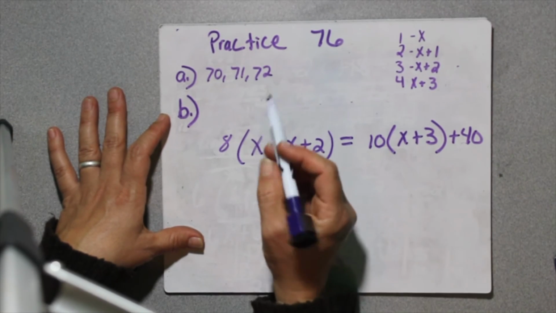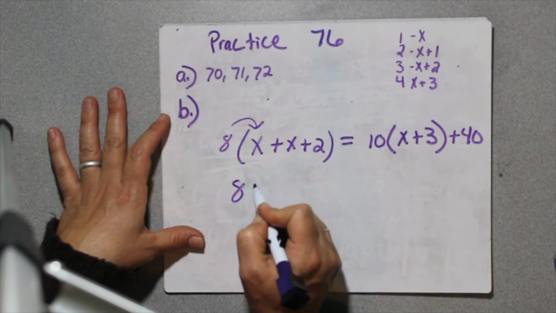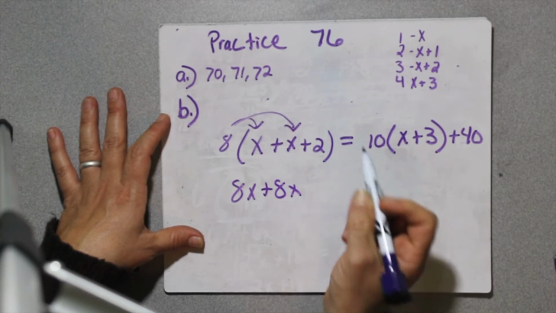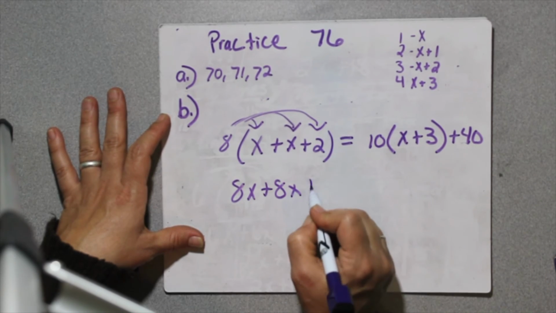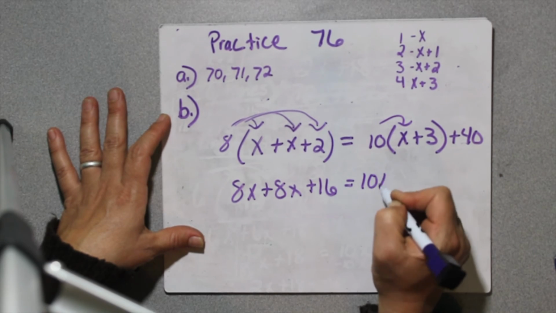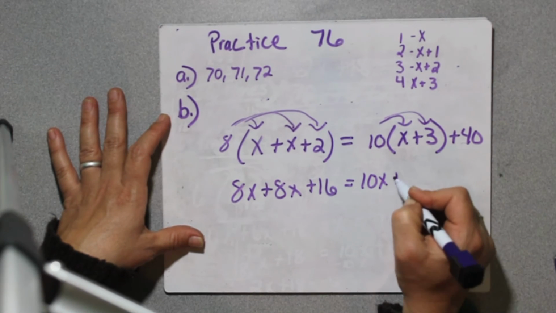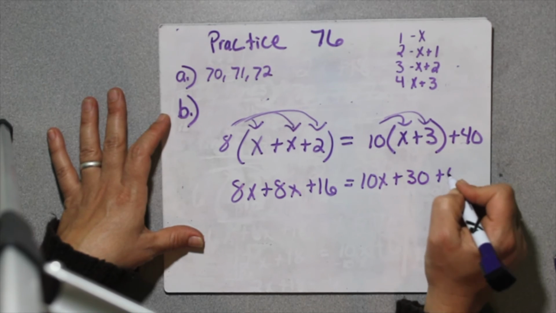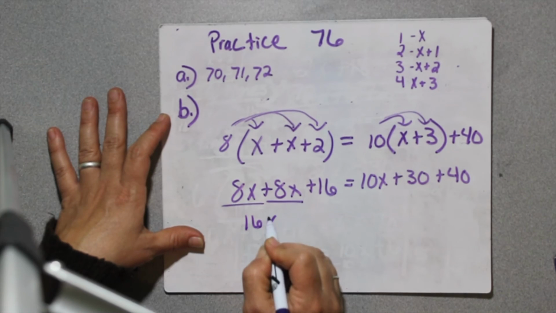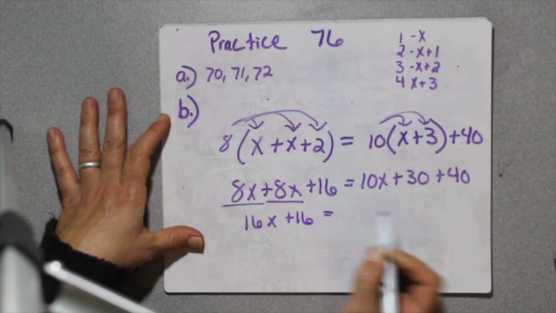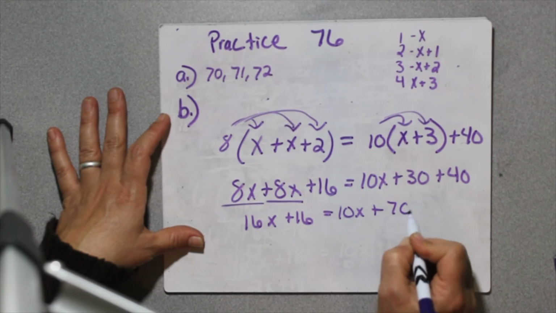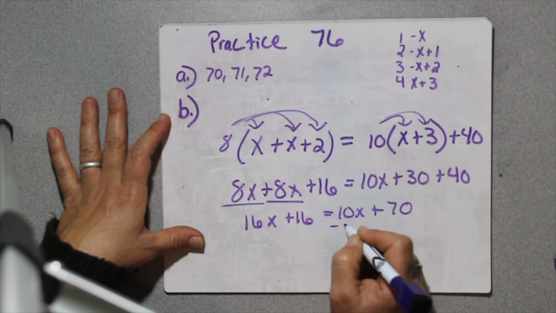All right, now we're just going to rainbow this out. 8 times 2 is 16. And then 10 times x is 10x. 10 times 3 is 30. And then 40 over here. Okay, now we're going to add like terms. 16x plus 16 equals 10x plus 70. Now we're going to get our x's together.